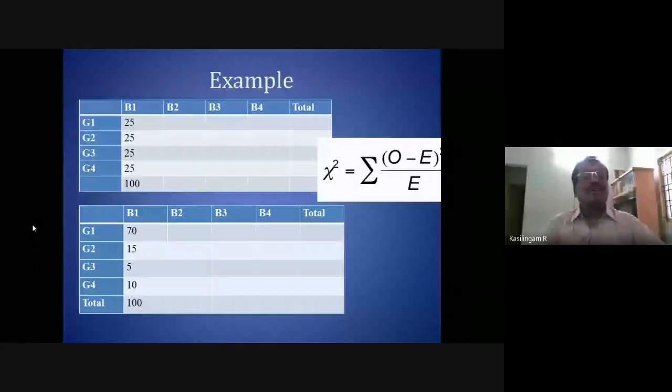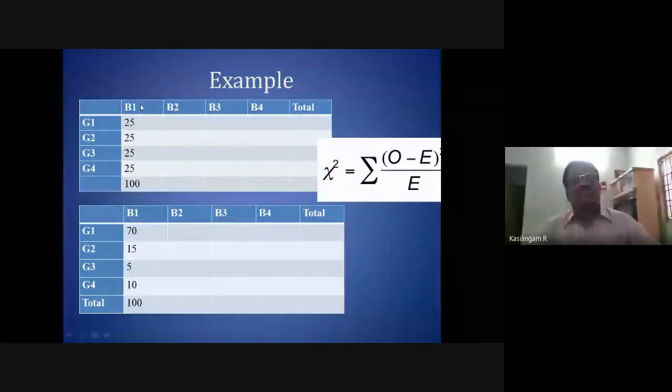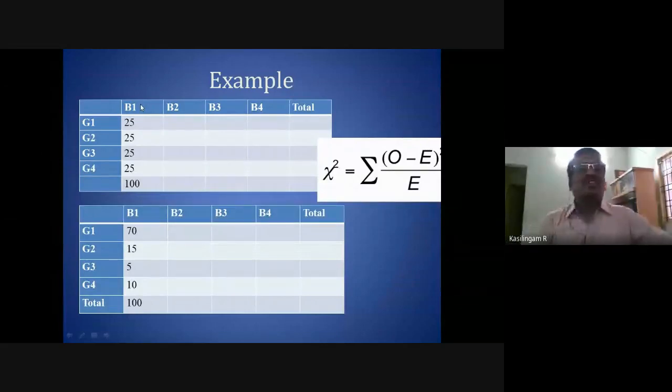Now, we have 4 boys, 4 girls. Let us take boy 1. He has come to the college for 100 days. Then what is expected? What is normal? If it is normal behavior, 25 times he can sit with this girl, 25 times with that girl, 25 times with another.